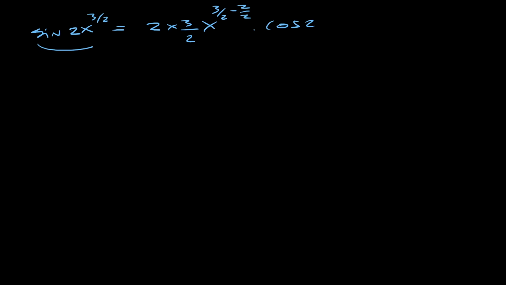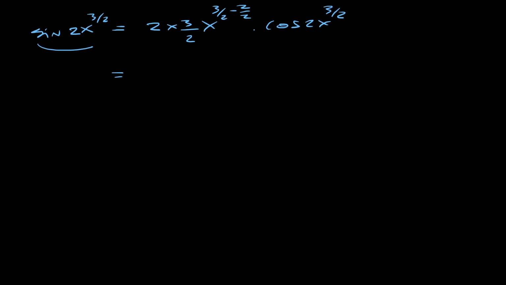What about this one? So let's say now we have sine of 2x to the 3 divided by 2. What's the derivative of this one? Again, same thing. So 2 times 3 divided by 2 x, and then it's 3 divided by 2 minus 1, right? Then it's the derivative of this one, so it's times cosine of 2x to the 3 divided by 2.